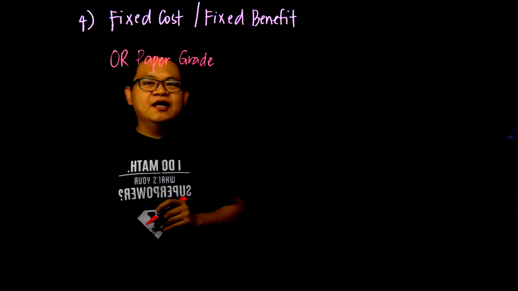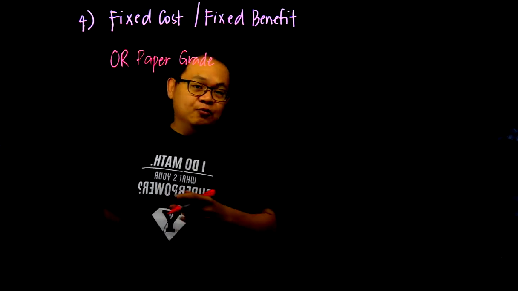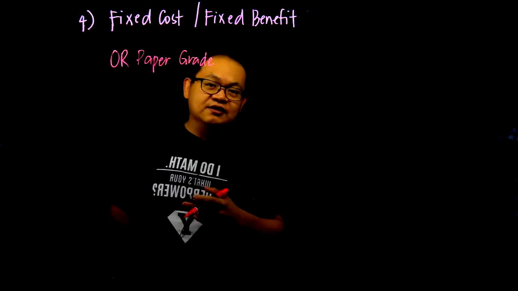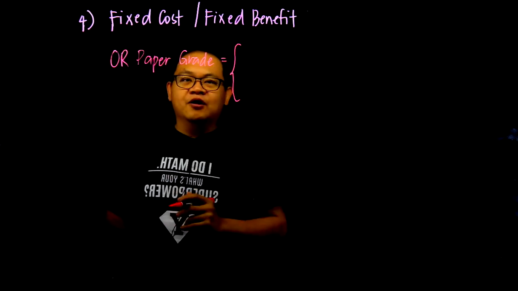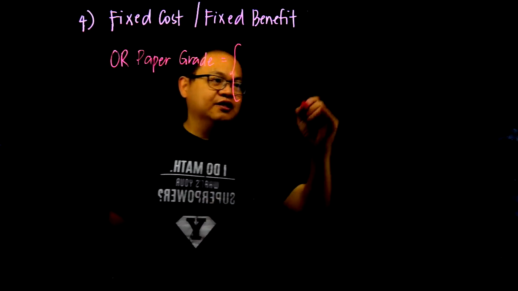And let's say the way I will grade this paper will be based on the number of pages that you will submit. So again, I will define the OR paper grade to be a split function.